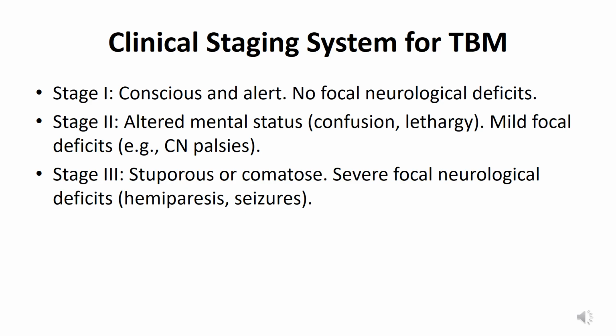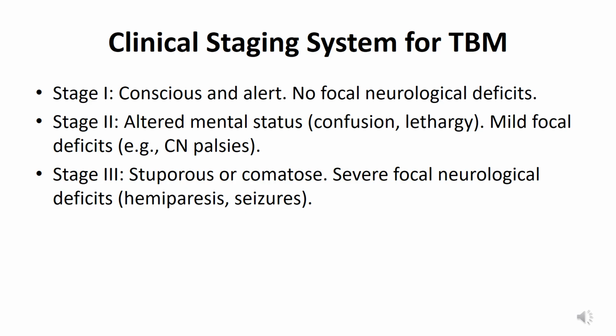One common example is cranial nerve palsy. A patient may develop double vision, facial weakness, or abnormalities in eye movement due to inflammation affecting cranial nerves at the base of the brain. These findings signal that the disease is beginning to cause structural neurological damage. Without effective treatment, further deterioration can occur.